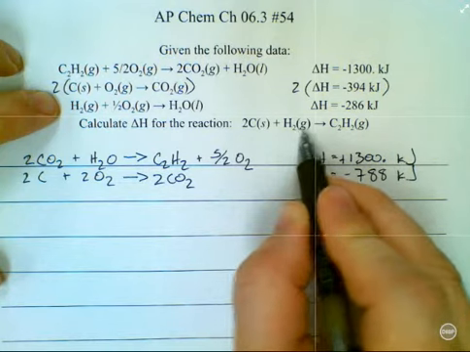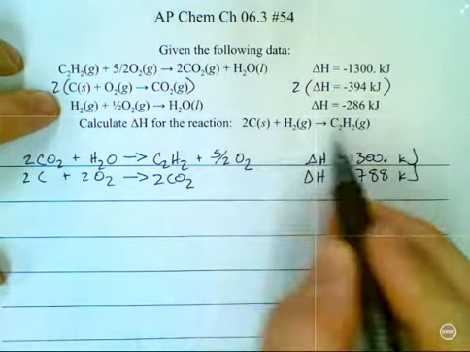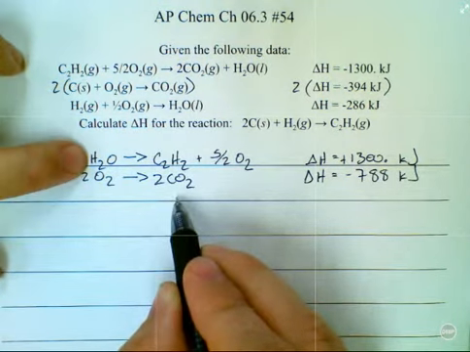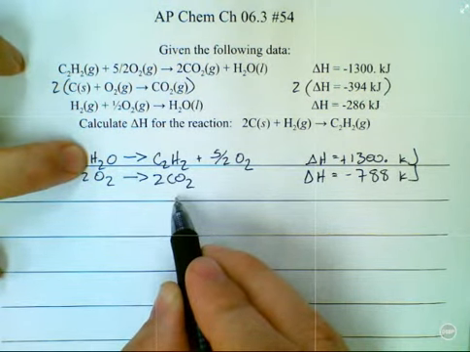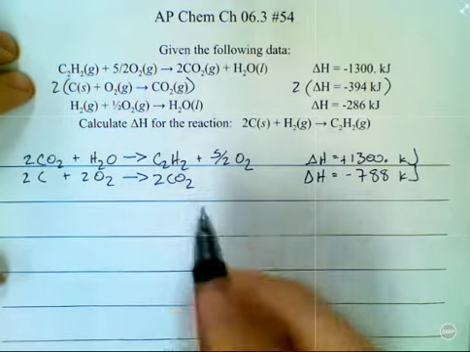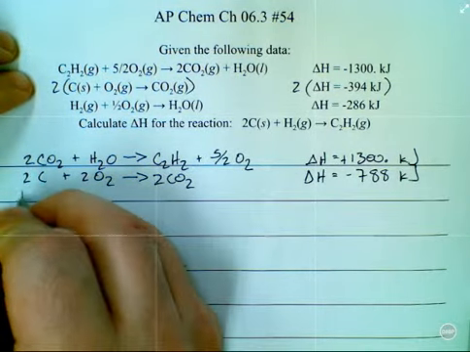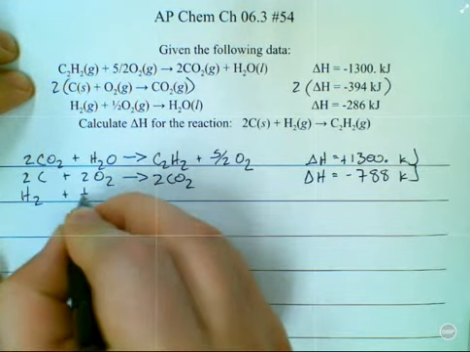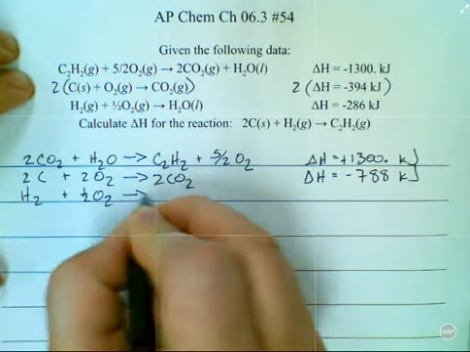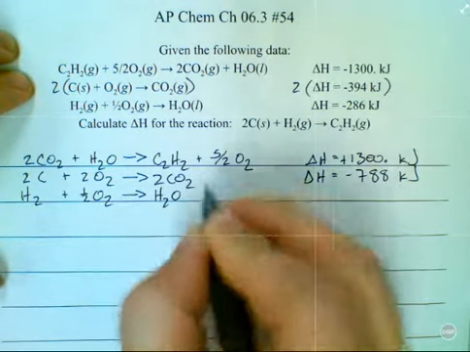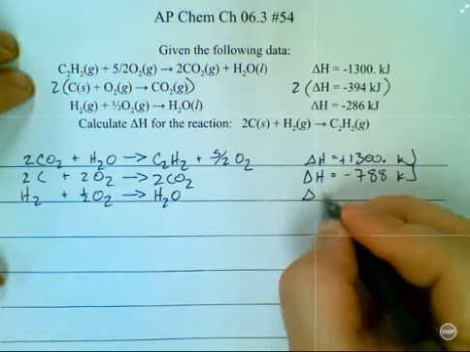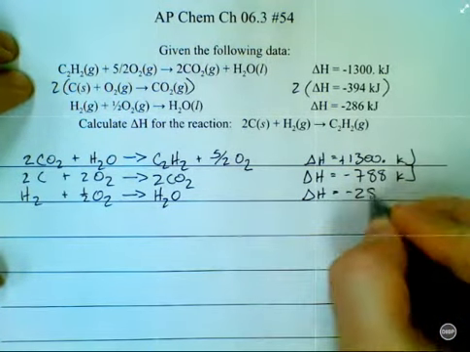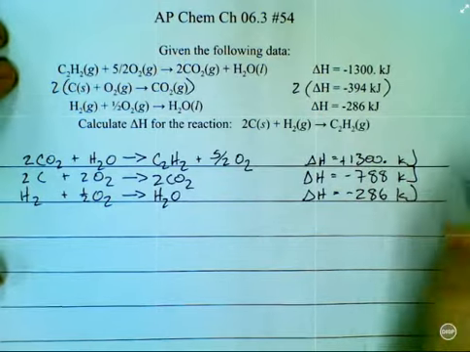And I will have 1 water on the product side, but that'll cancel with the water on the reactant side, so that'll take care of that. So H2 plus 1/2 O2 reacts to yield H2O, with a delta H of negative 286 kJ.